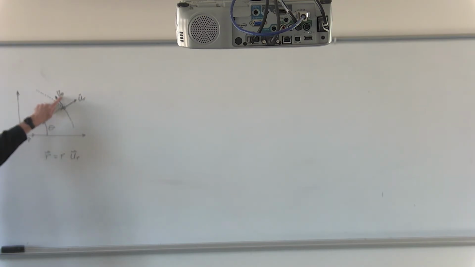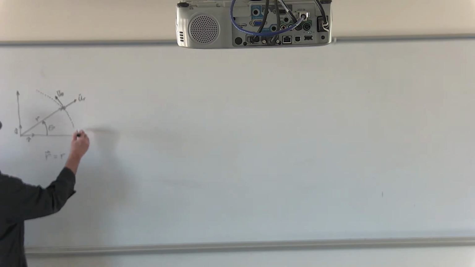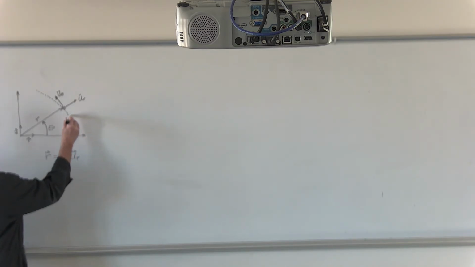So that would be the tangent to a circular path. That's why we like that one: we just draw straight out to it. But it doesn't have to be this. It could be anything.